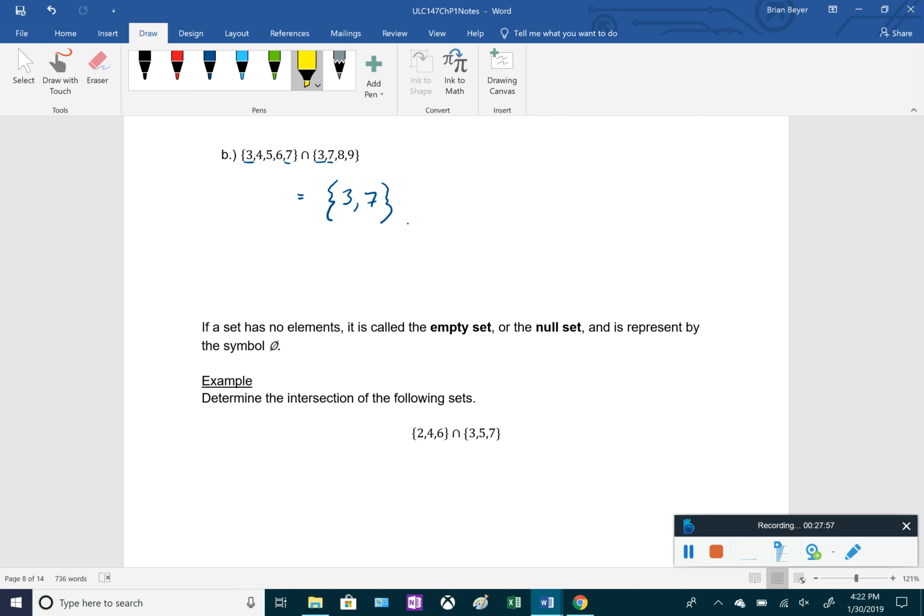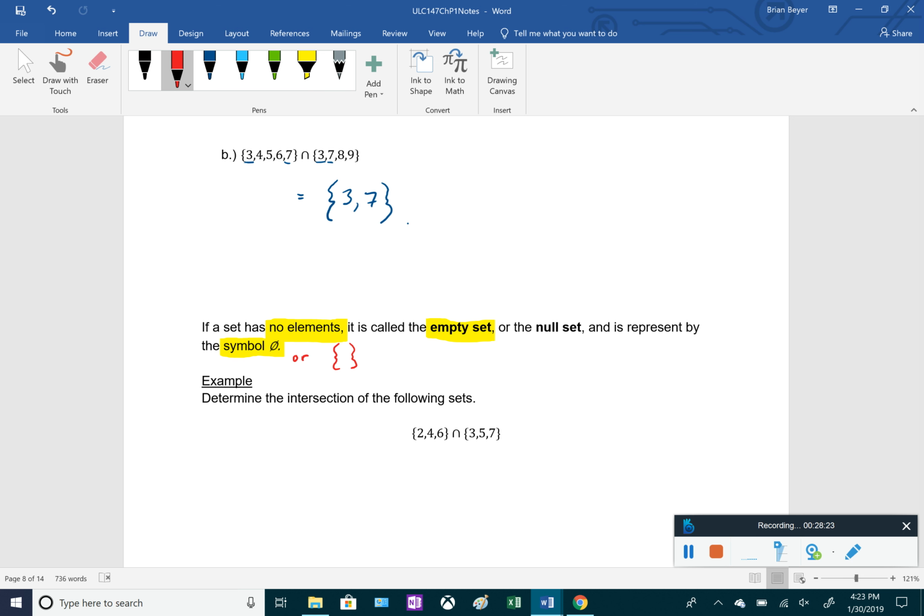Okay, so if a set has no elements, not every set has elements in it, it's called the empty set, or sometimes called the null set if you want to. It's represented with the symbol that looks like a little circle with a line diagonally through it. Technically, there's another way to denote it. It's just by drawing the squiggly brackets, but not putting anything in it.